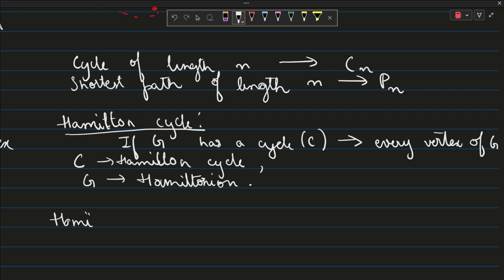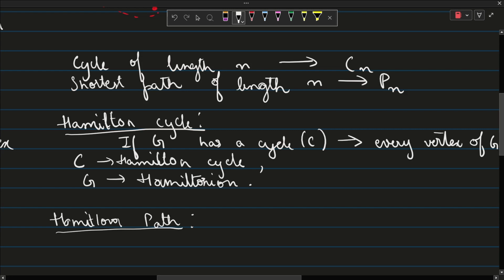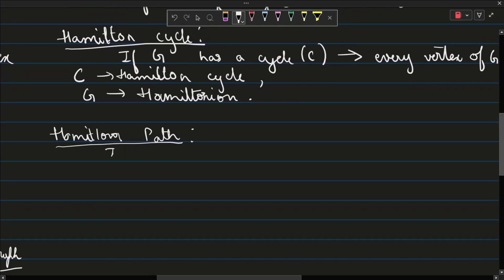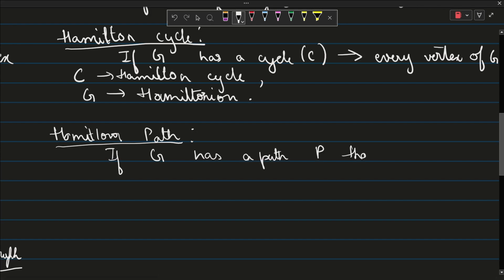Next is the Hamilton path. What is a Hamilton path? Similar to the cycle, if G has a path P that includes all the vertices of G, then it is a Hamiltonian path.